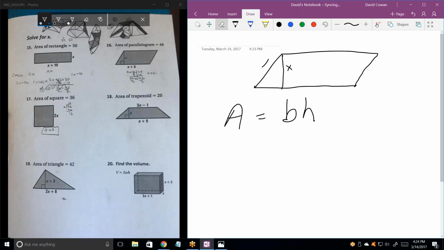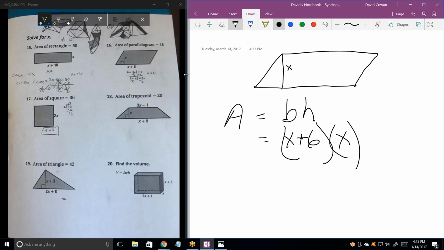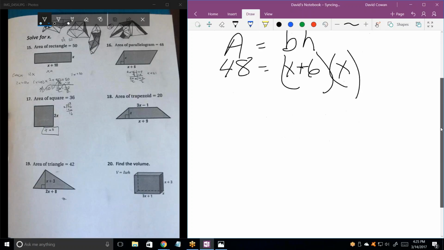The area of this parallelogram is the base, which is x plus 6, times the vertical height, which is x, and they're telling us that area is 48. So again, we come down to a quadratic that has to be solved.